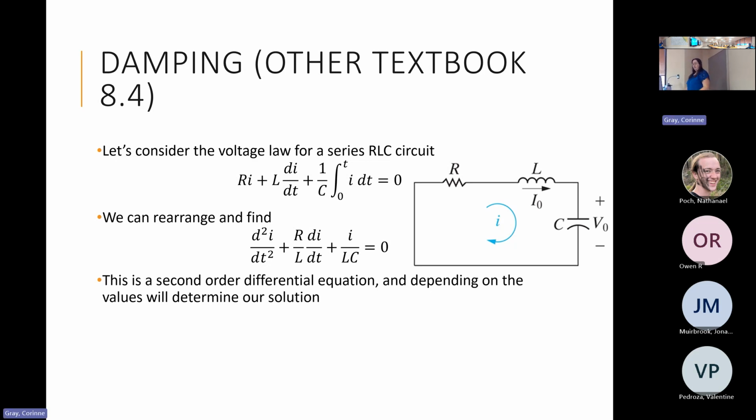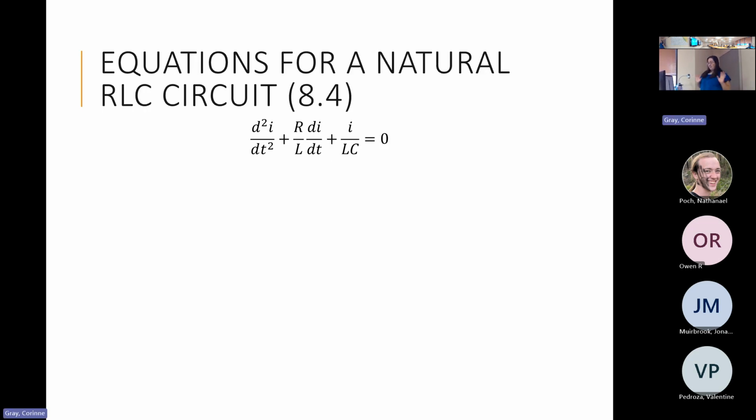Any other questions so far? So this is the same equation. What tends to happen is writing this out can look a little intimidating, especially if you haven't seen differential equations recently or in a while.